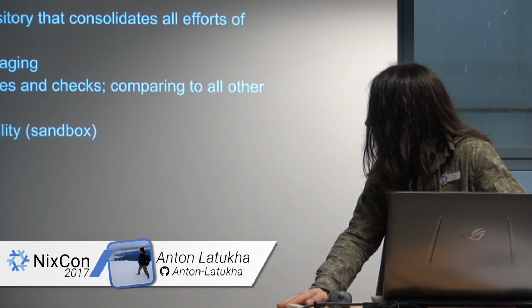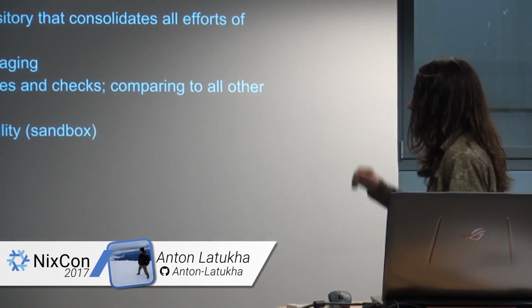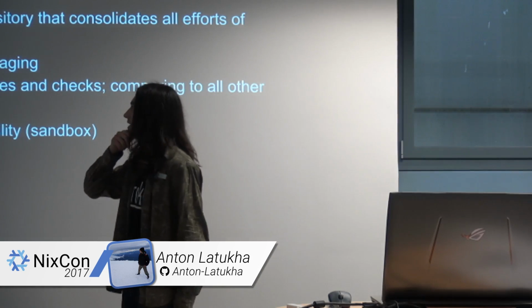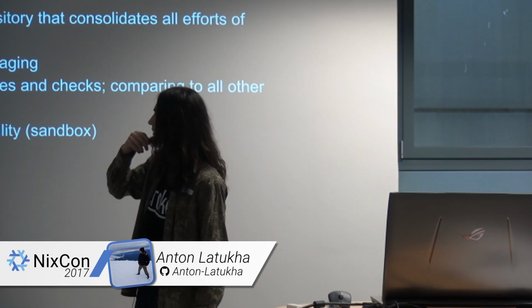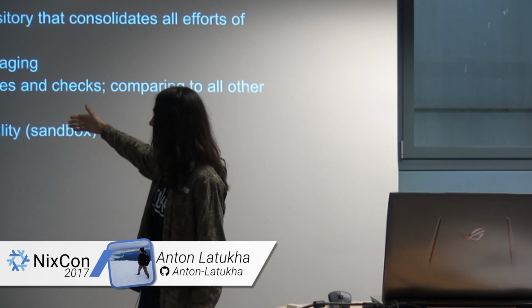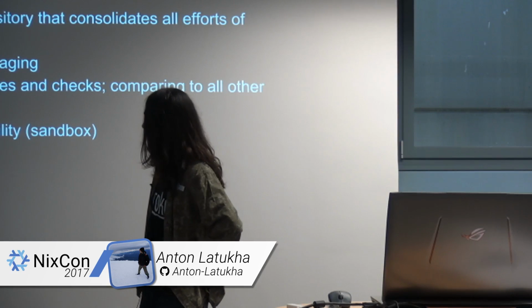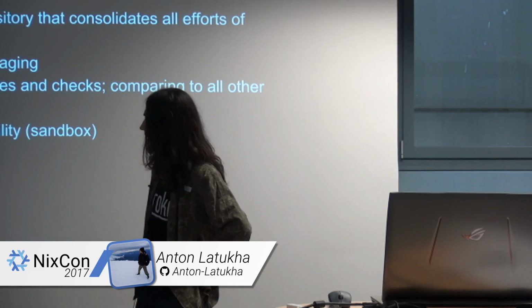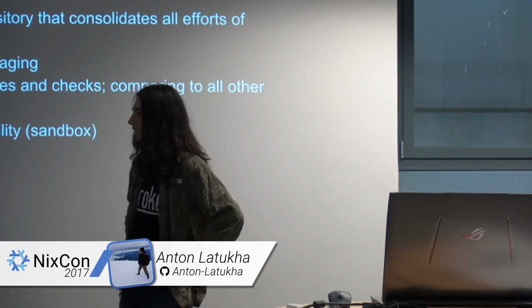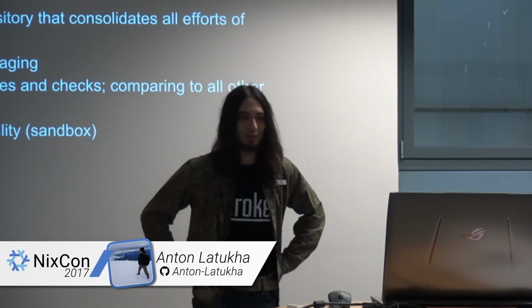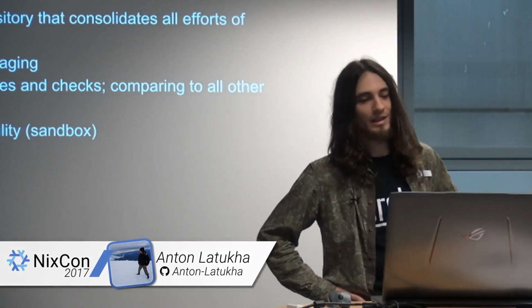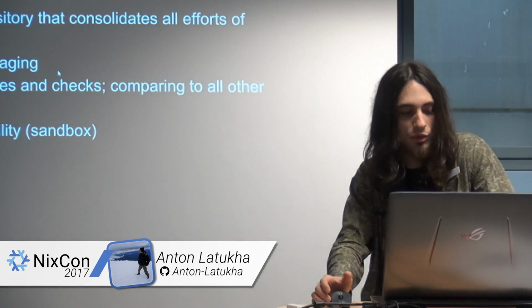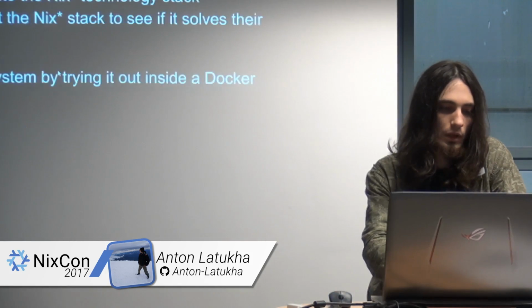One of the great points that I met was the laziness of the language. That's why we can have the single repository, because the Nix language is lazy, and it loads only the stuff that it needs inside the very huge single repository.